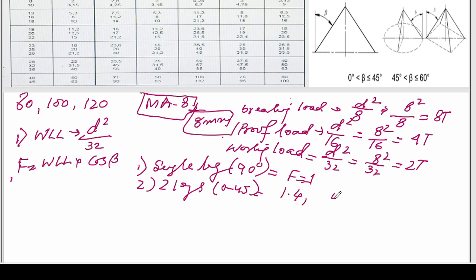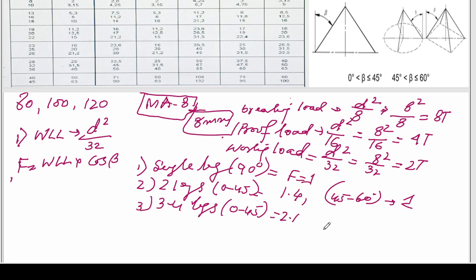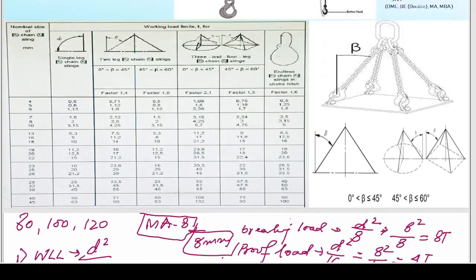Another case is 45 to 60 degrees; in this case your factor will remain 1. For 3 to 4 legs, in the 0 to 45 case the factor will be 2.1, and in the 45 to 60 degree case the factor will be 1.5. You can remember all this. These are the 5 cases generally coming in the chart.